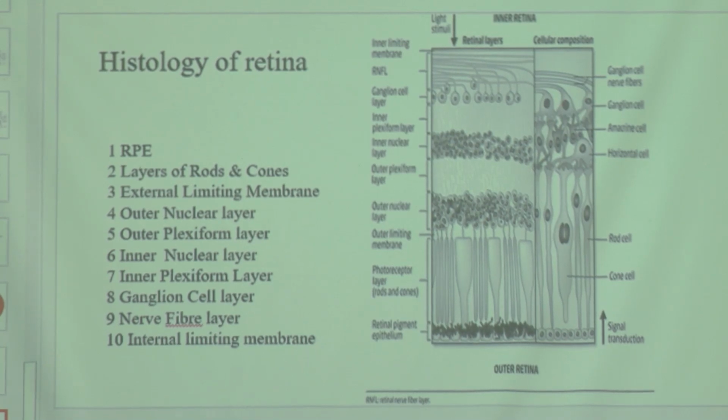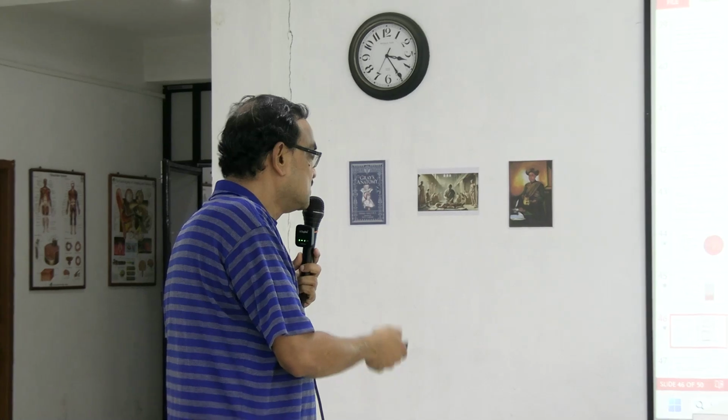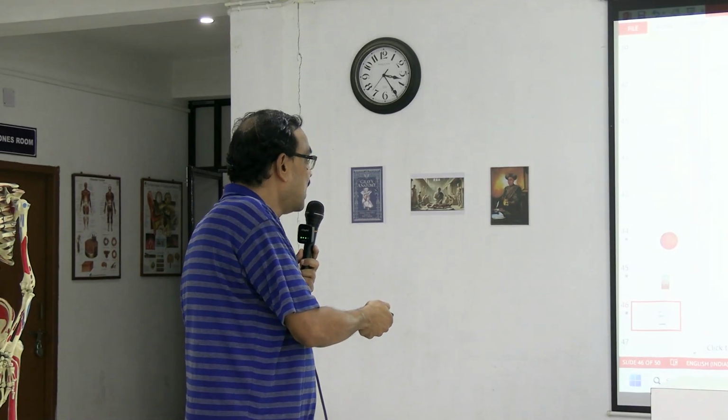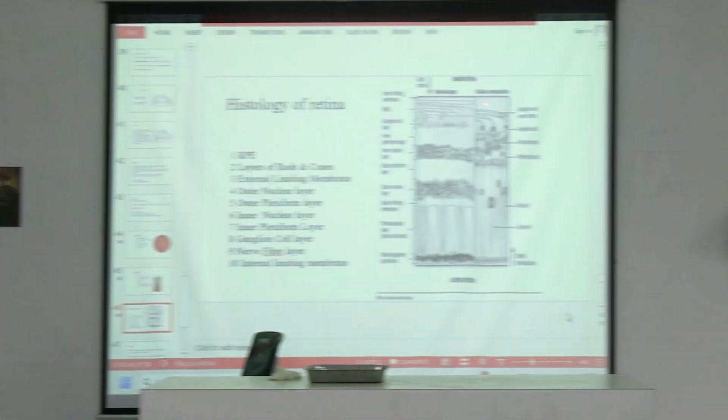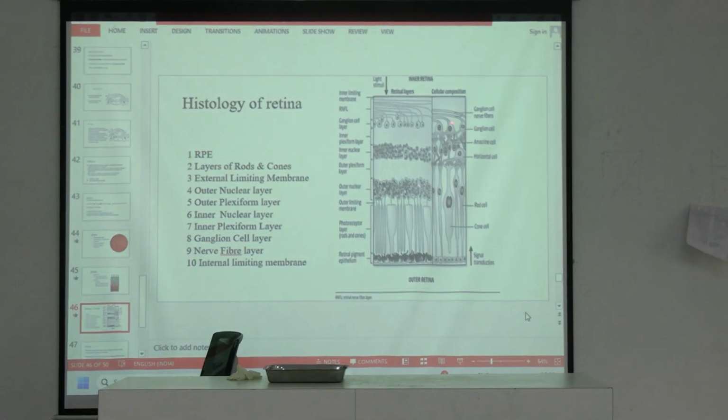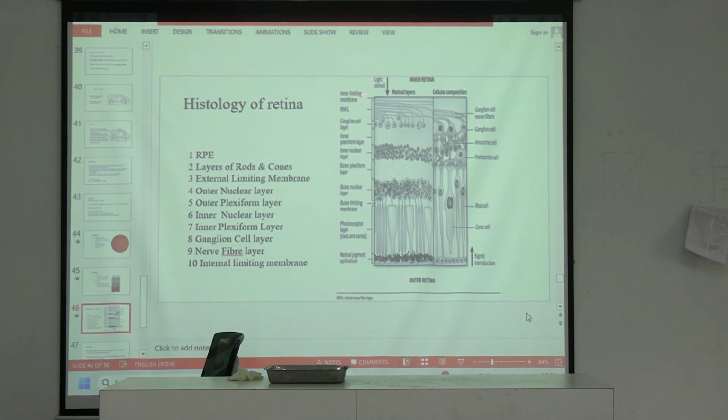Three layers basically. Among them, this is the photoreceptor, this is the bipolar cells, the first order neuron, and this is the second order neuron, and the axon of the second order neuron is continued within the retina.